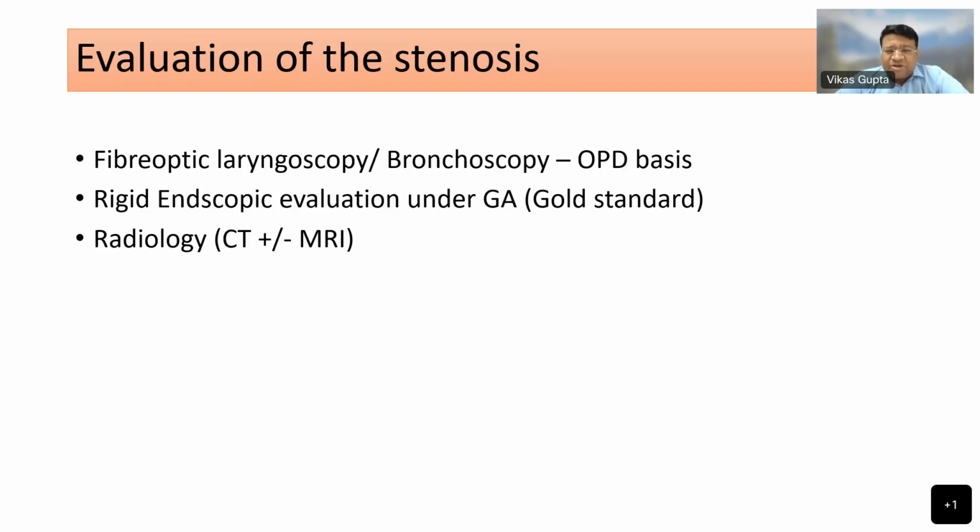If your patient is tracheostomized, it is okay, it's a safe procedure. They would induce the patient through the tracheostomy tube, or they can put in a fiber optic tube through the tracheostoma, and you can evaluate.